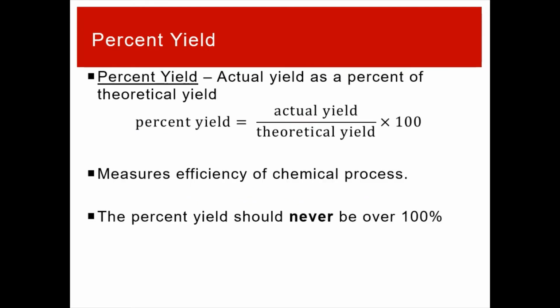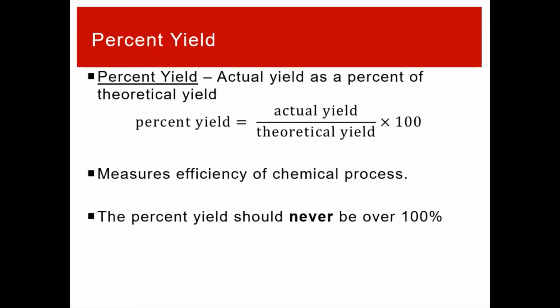We put these two numbers together in what we call the percent yield. So that's actual yield as a percentage of theoretical yield. The goal of percent yield is it measures efficiency. And so the idea of measuring this efficiency is that sometimes your yields could be on the orders of either milligrams or tons.